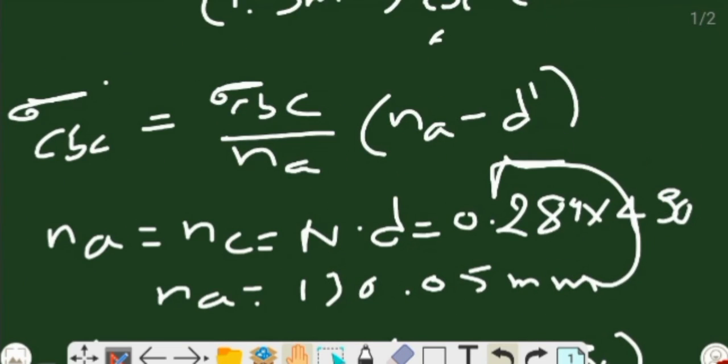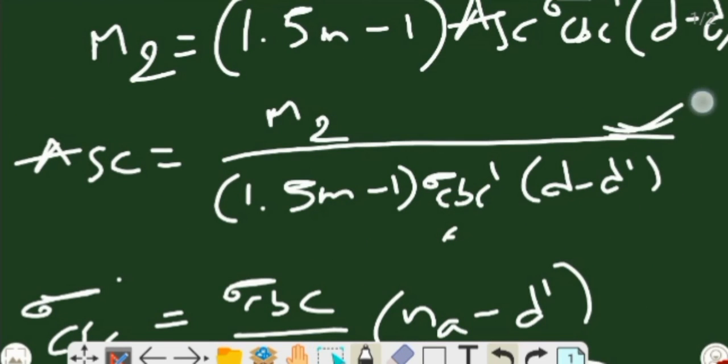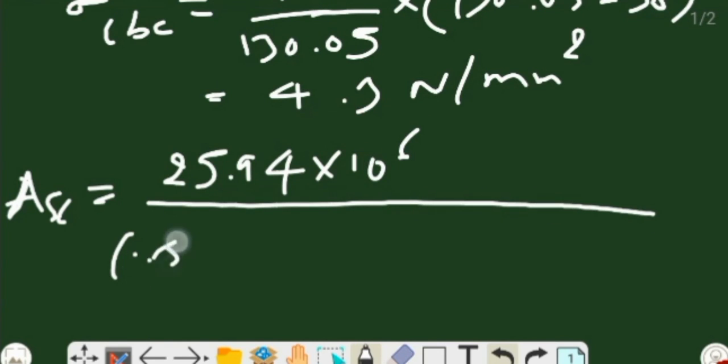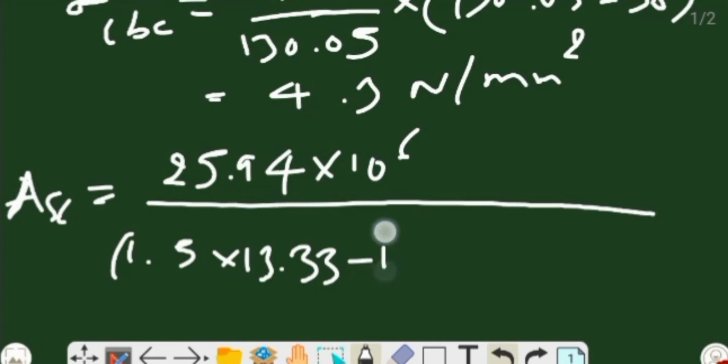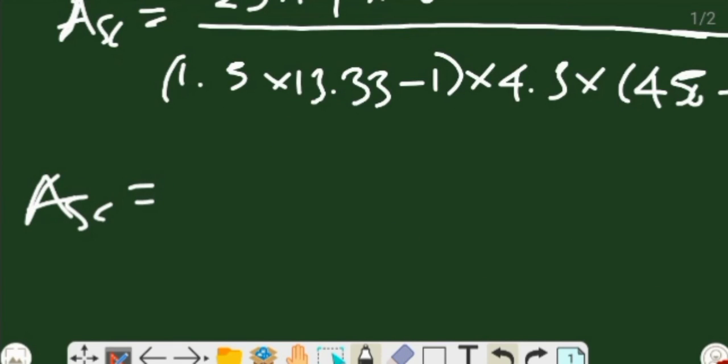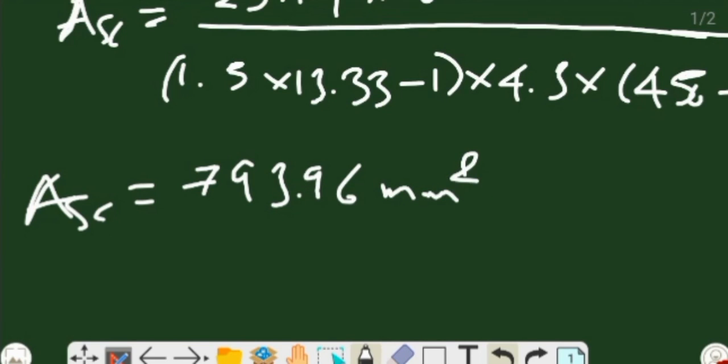Substitute this sigma CBC dash value in ASC equal to M2, which is 25.94 into 10 to the power of 6, by 1.5 into M, which is 13.33, minus 1 into sigma CBC dash, which is 4.3, into D, which is 450, minus D dash, which is 50. Now we get ASC equal to 793.96 mm square.